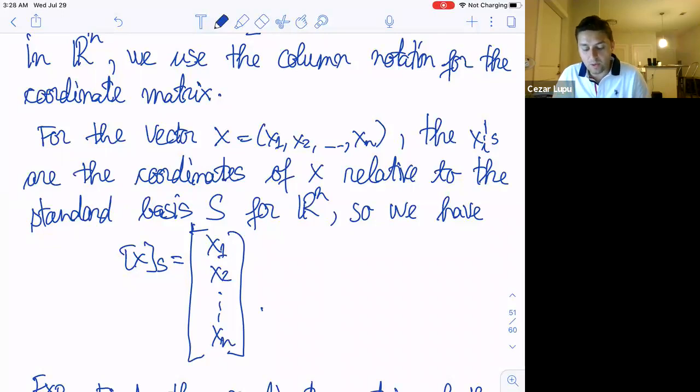So we will write them in this way: the vector x relative to the standard basis S will be the column vector x1, x2, xn.